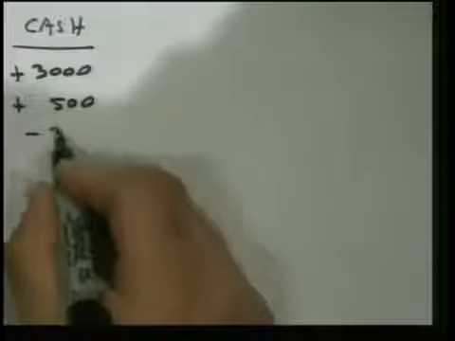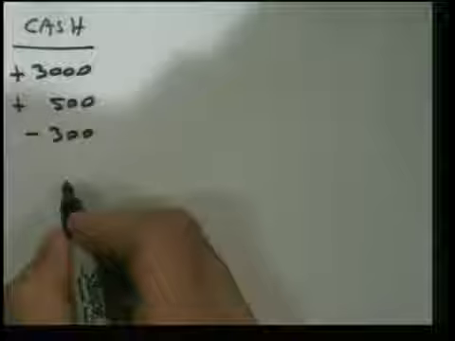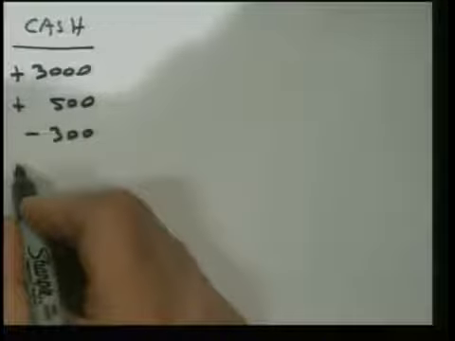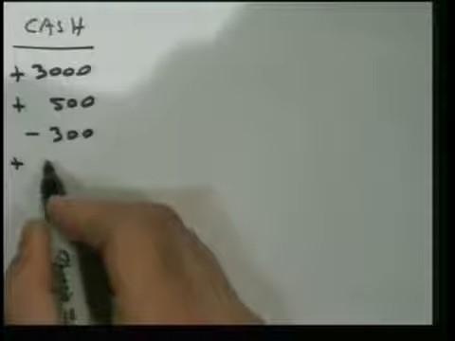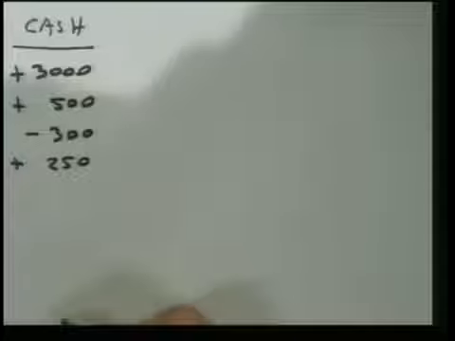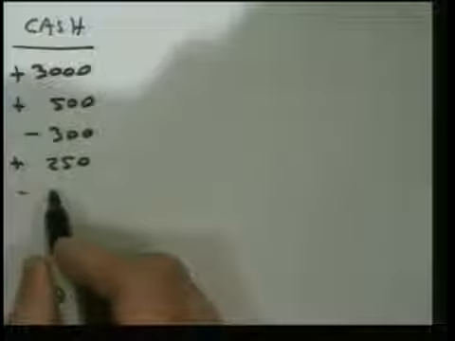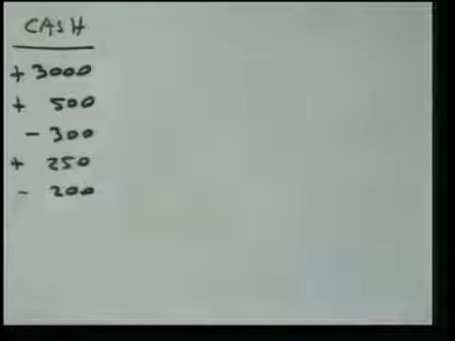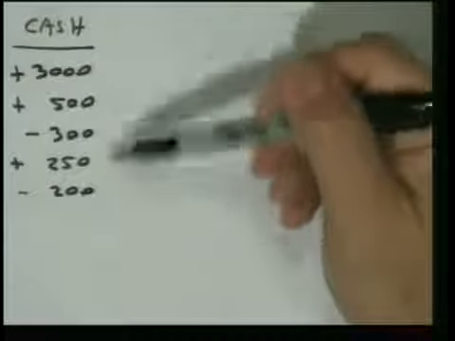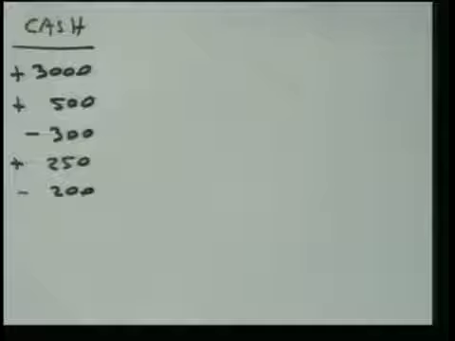And we would say cash increased by $3,000, and then cash increased by $500, and then cash decreased by $300, and then it went up by $250, and then it went down by $200, right? But that is an account, and we're recording the increases and decreases in that account, correct?